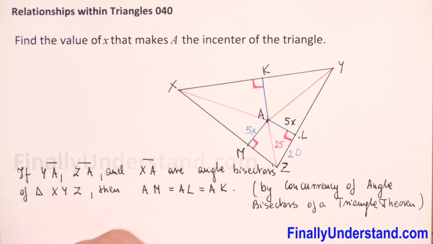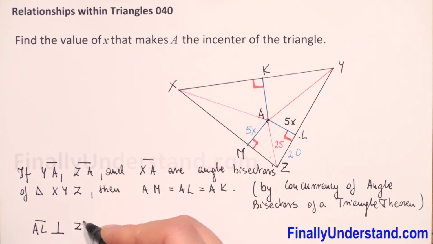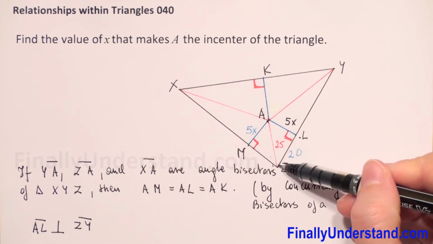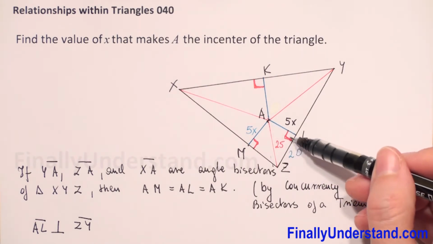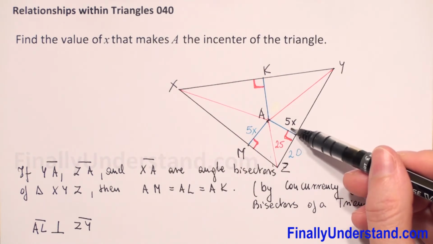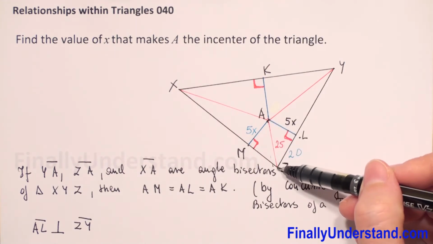It means that segment AL is perpendicular to segment ZY. So we have a right triangle. We have two legs given. One is given by the expression 5x, so we have unknown x, and we have the given hypotenuse. So we can use the Pythagorean theorem.